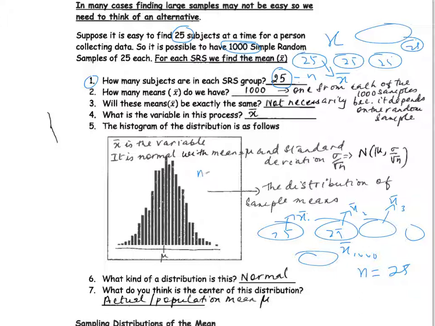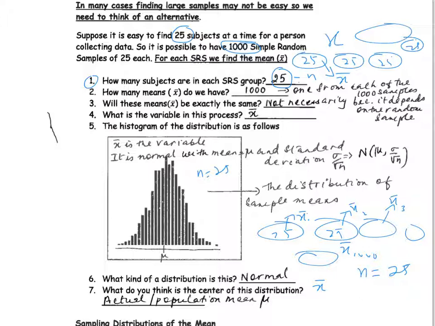Now, what we do with all these numbers, we have 1000 numbers, and each is a mean. So our new variable is x bar because no two means will be the same most likely. So the mean that we get from a simple random sample of 25 each is a variable, and that's important to understand.